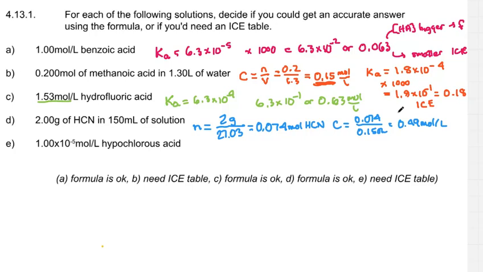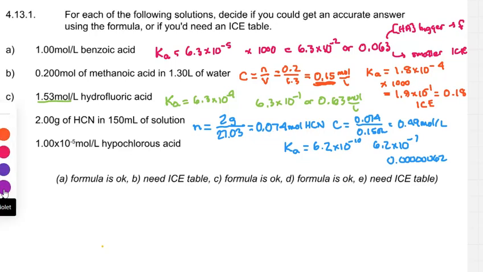What's our cutoff? Hydrocyanic acid is about 2/3 of the way down the second page. Its acid constant is 6.2 times 10 to the minus 10. Multiply by 1,000 and you get 6.2 times 10 to the minus 7, or 0.00000062. This concentration is way more than that, so the formula is totally fine for this one.